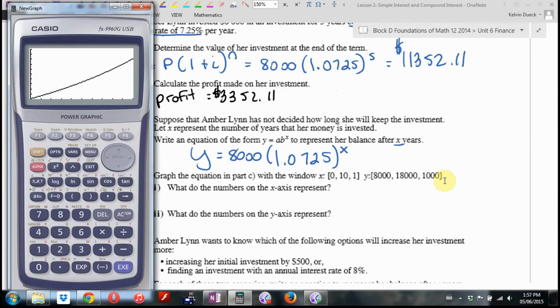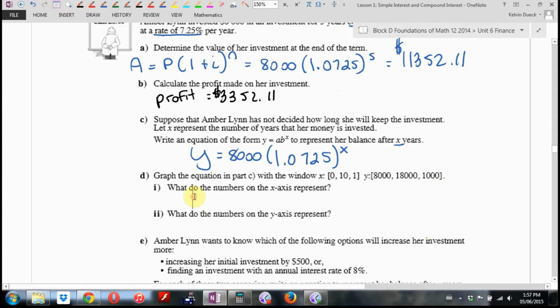What do the numbers on the x-axis represent? What does this here tell me? And your hint is, look at the units next to it in the actual question. Years. This represents time in years.